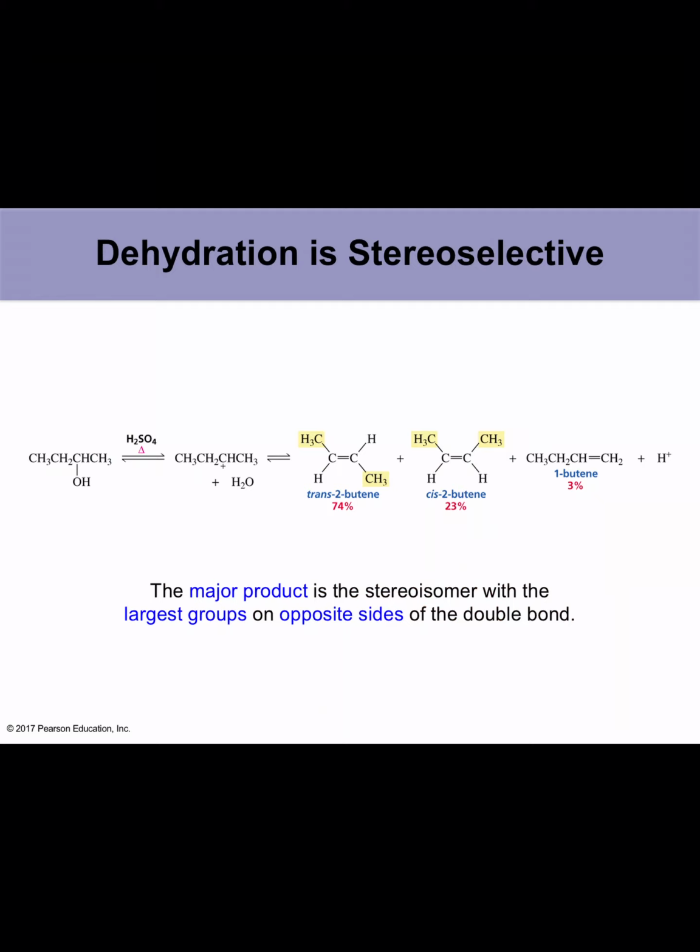Dehydration is stereoselective. What does that mean? Now we have a secondary alcohol here in the presence of sulfuric acid. OH gets protonated, forms a good leaving group as a water molecule, and then you have your carbocation formed.